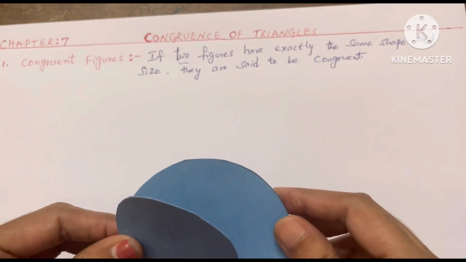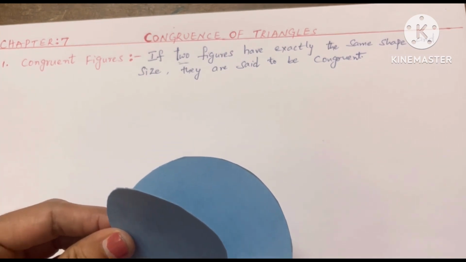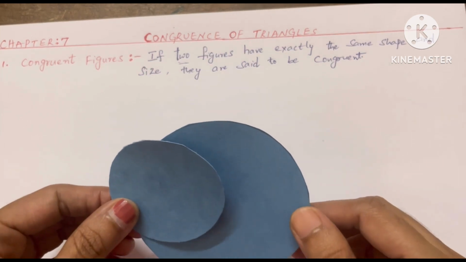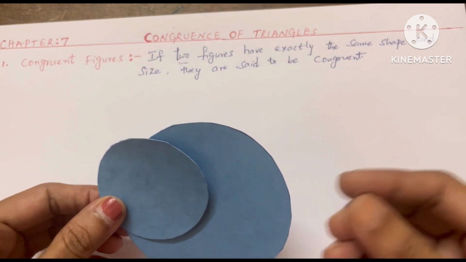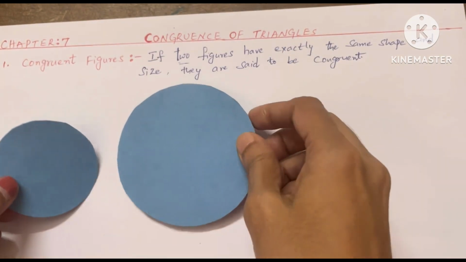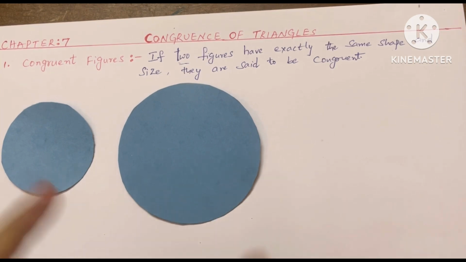So the point to be noted is the difference between similarity and congruence. There is a slight difference between them. In similarity, the shapes are the same. This is a similar figure, but this is not a congruent figure.